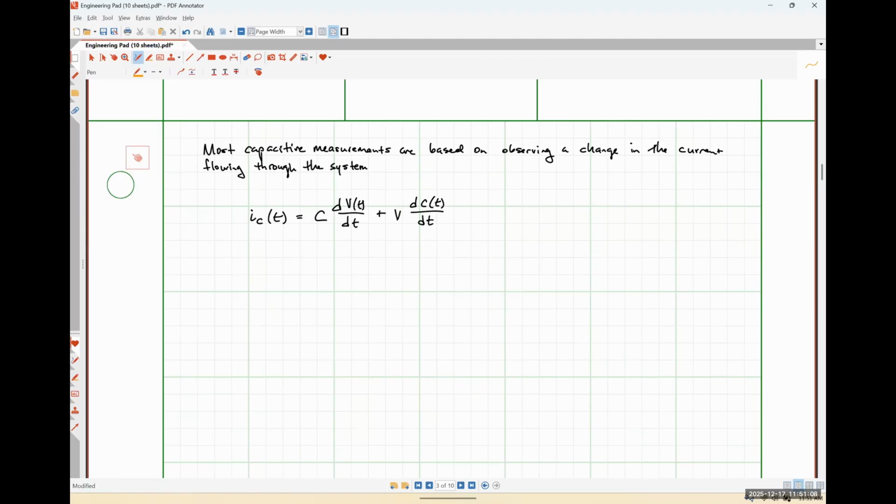So I'm just going to put a little underline here because we just talked about this. But this is what we're going to call our motional current in our system. Okay.